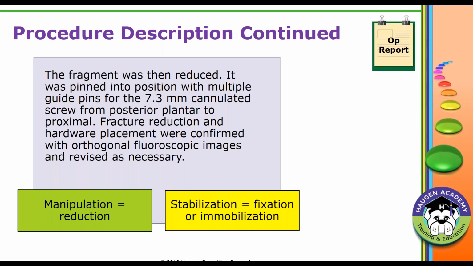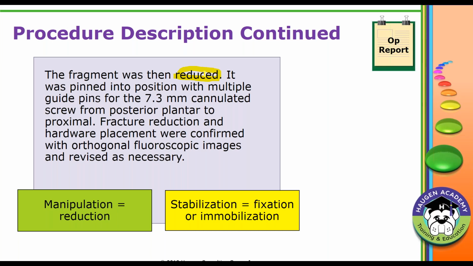Moving on, we have more of the procedure description. When it comes to coding this procedure, the fracture was reduced. So we can see that clearly in the documentation, the reduction is going to be the manipulation. So these terms are in CPT, and you can see the synonyms as well.